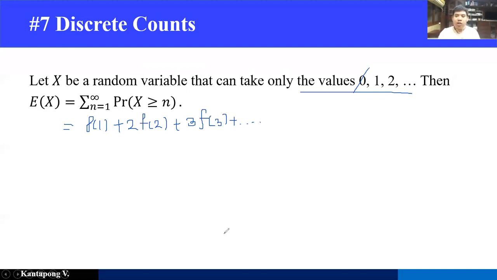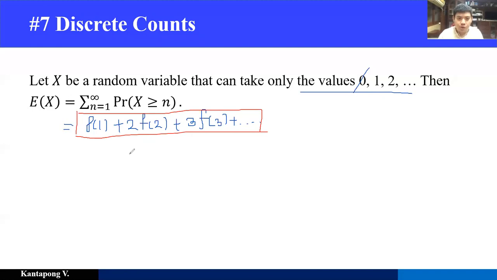But this one is not clear yet, so I'm going to write something like this. This sum is equal to this sum. Will you believe it or not?